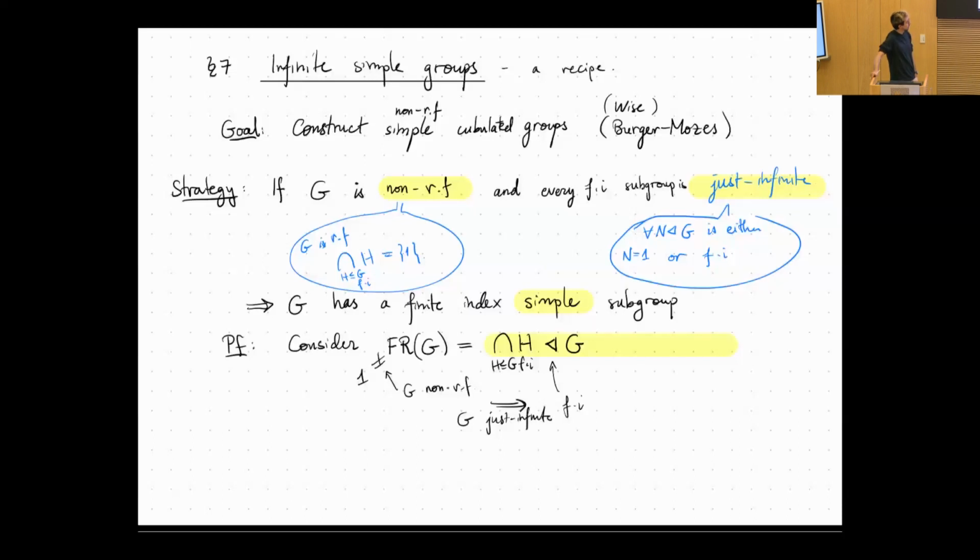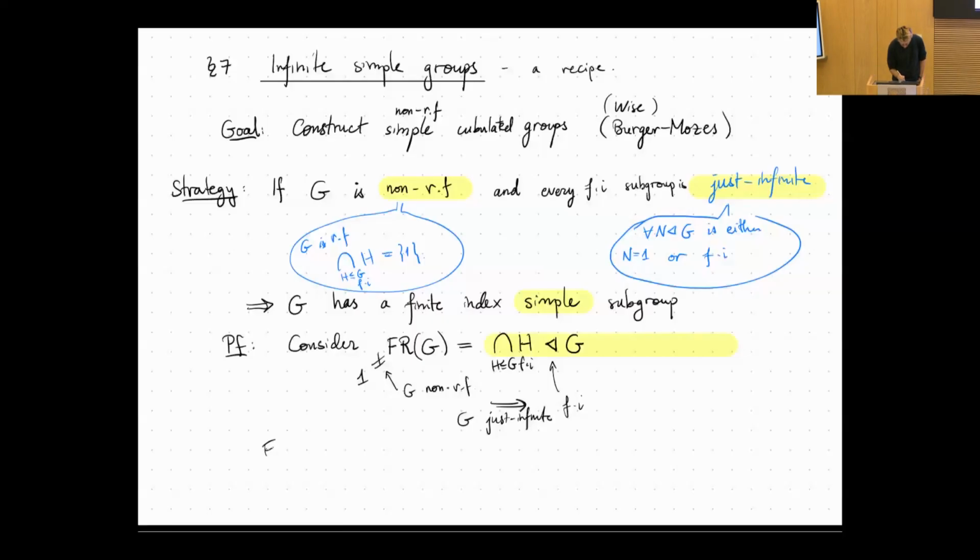Okay, now what? So I want to claim that this subgroup is my simple group, okay? So it has finite index, hence it is just infinite itself. So that's the assumption. And what kind of finite index subgroups does it have? Well, it has none, right? Because any finite index subgroup of a finite index subgroup is again finite index. Yeah, so this finite residue was finite index, any finite index subgroup of itself must be somehow contained already in the intersection.